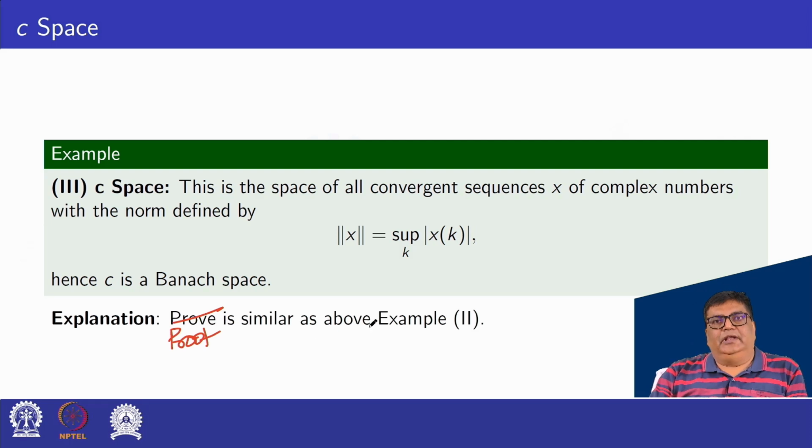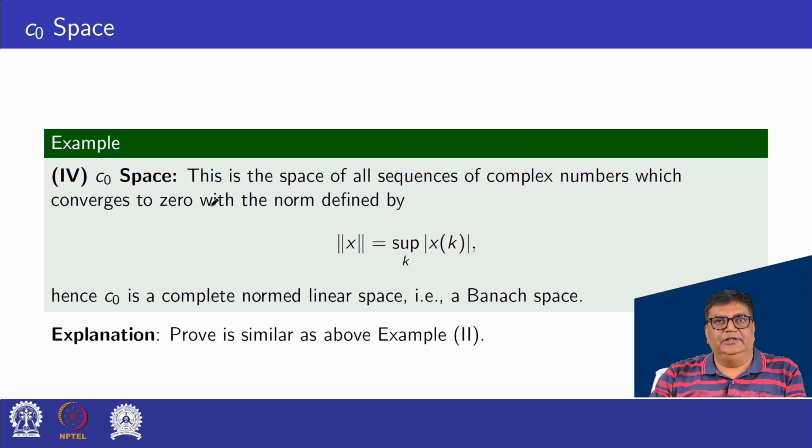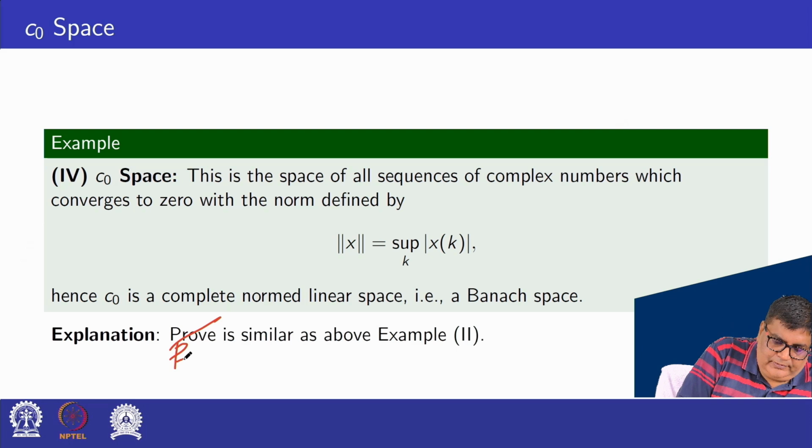The proof is similar to the second example above. Similarly, the c_0 space is the space of all sequences of complex numbers which converge to 0, with the norm defined as in example 2. So we have avoided proving it in detail here.